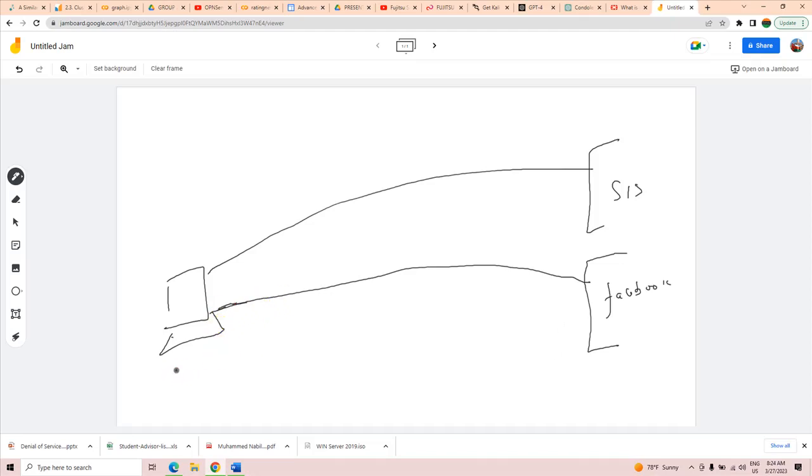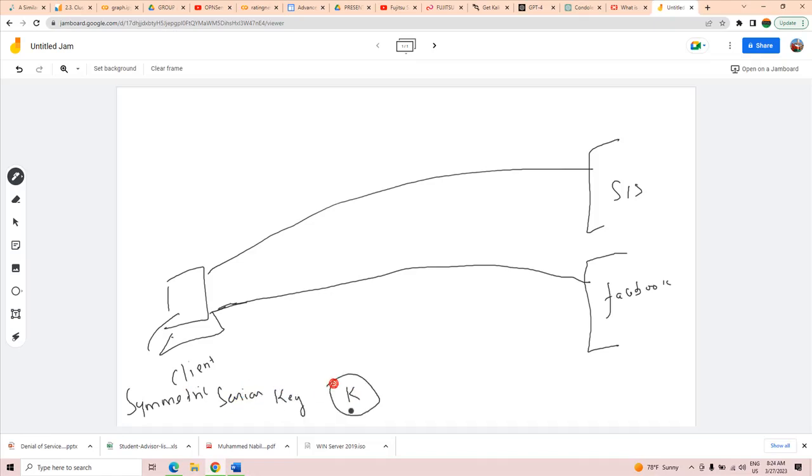Finally, both the client, the user, and the server generate a symmetric session key.